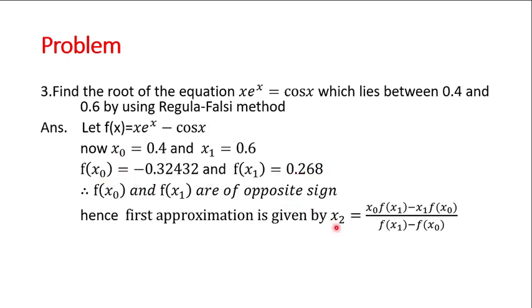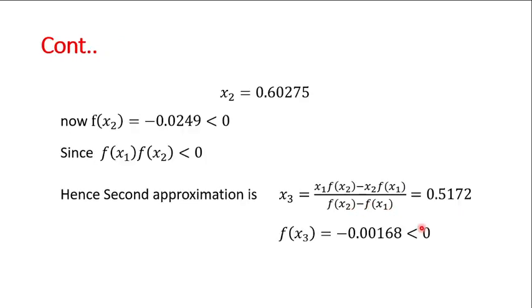Hence, the first approximation x2 can be written as x naught f of x1 minus x1 f of x naught divided by f of x1 minus f of x naught. Substitute the values, we get x2 is equal to 0.60275. Now find f of x2 for this value.